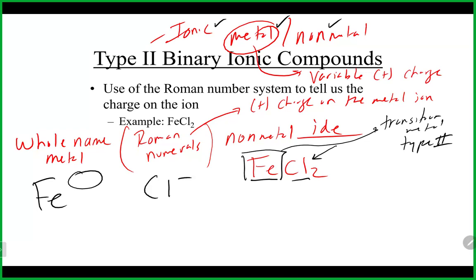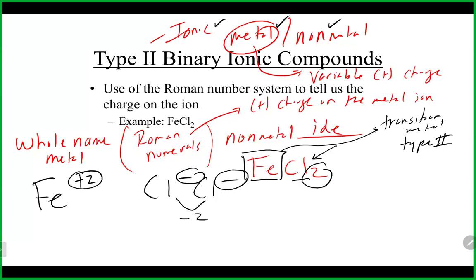But we don't just have one Cl, we have two of them. So that is -1, -1, a net of -2 charge. Remember that the formula needs to equal 0. So to balance out that -2 charge, since there's only one iron, the iron has to be +2. And that's how you can very easily figure out what the charge is.